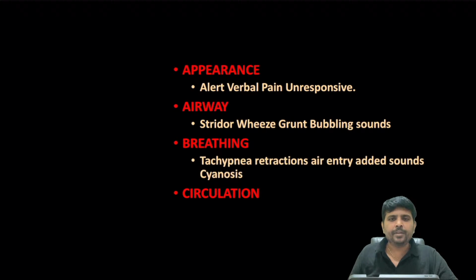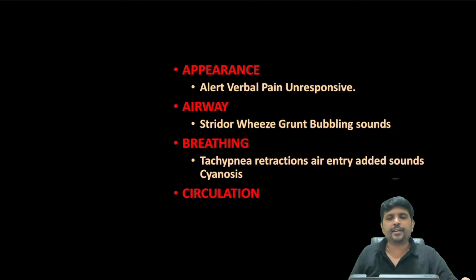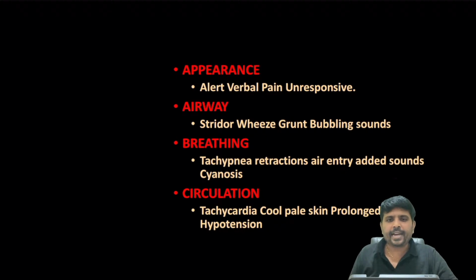And finally, breathing. Tachypnea is the earliest sign of respiratory distress, whereas bradypnea is a terminal event. Circulation: tachycardia, cool pale skin, prolonged CRT, hypotension are the ways to assess it.